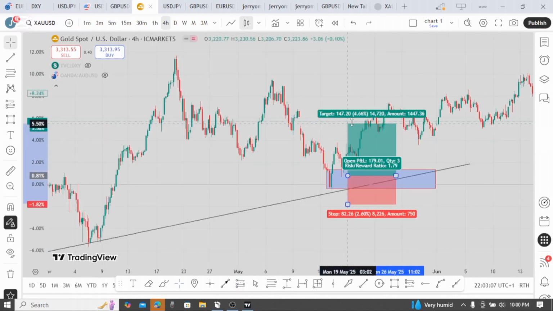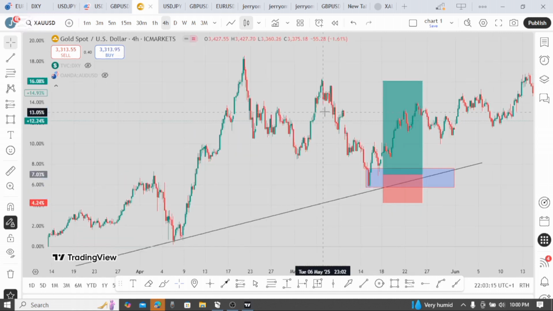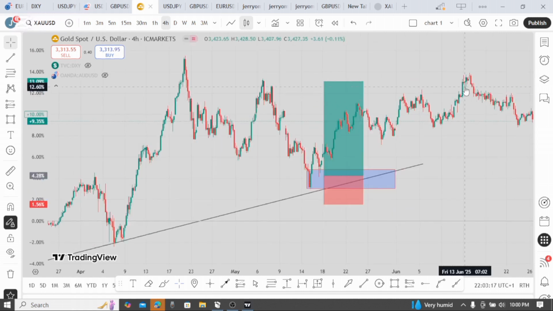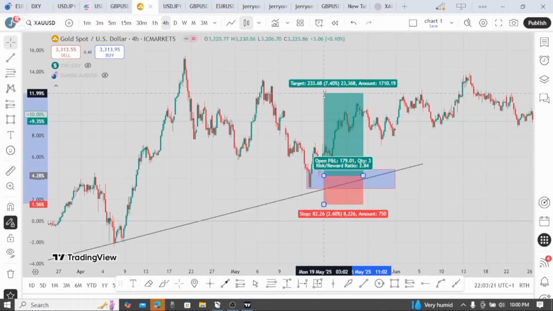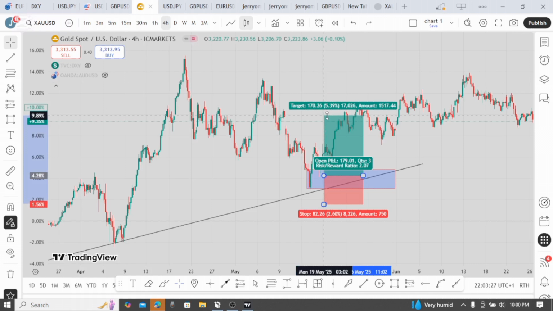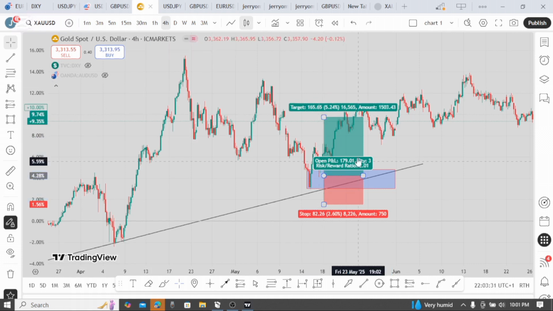You can target 1:2 or 1:3, or we can even target this zone. You see, price still took the zone. So you can target 1:2 or 1:3 of your stop loss. You see it, price took this easily, guys. It gave us this easily.